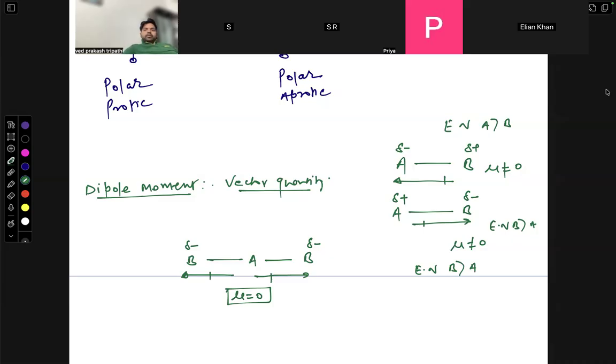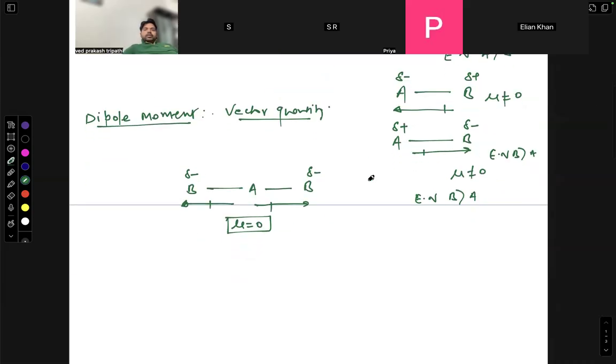Perfect. For example, suppose we have a molecule called CCl4. We know that the electronegativity of chlorine is greater than carbon. So the top chlorine would be this, right-hand would be this, left and downside like this.